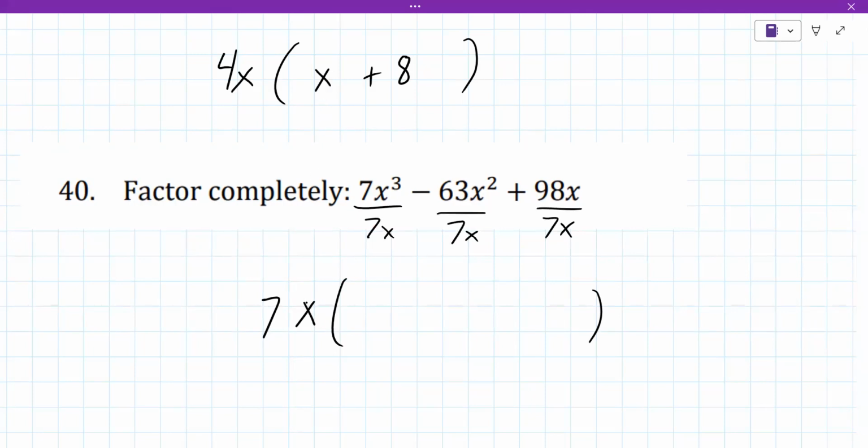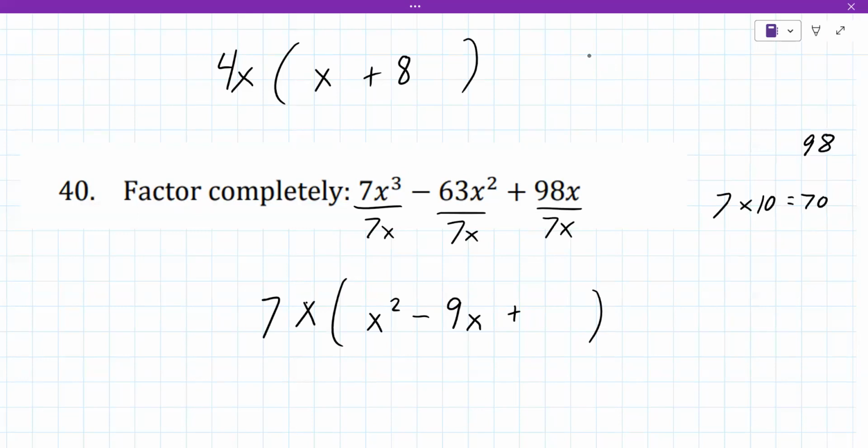So it would be x squared minus 9x plus... So try 7 times 10, that's 70.